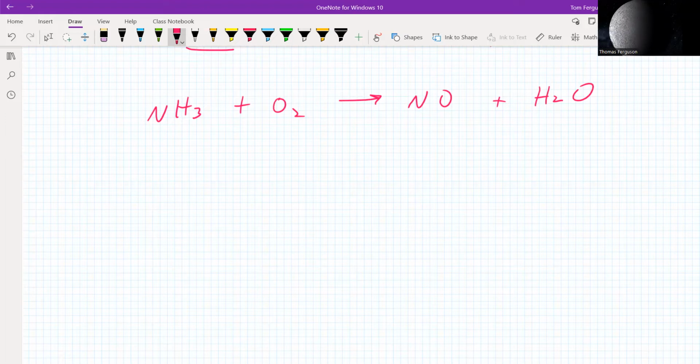Well, you've got 3 hydrogens here, 2 here. So what if you put a 3 here to make it 6, and a 2 there to make it 6, and the hydrogens do balance. But the other things wouldn't balance. So you have to keep fussing with the numbers.